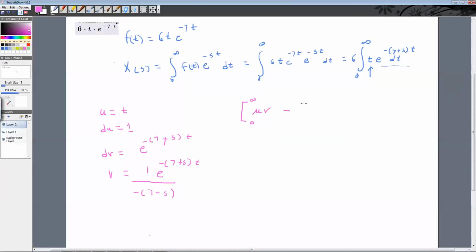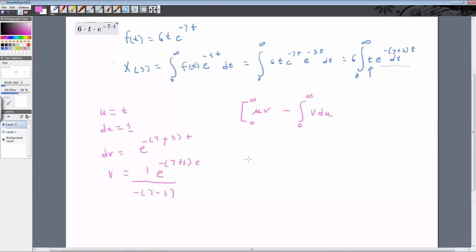Then I have the minus sign, integral, now v du. And sometimes they just show u times v, but that really means you do have to evaluate it.